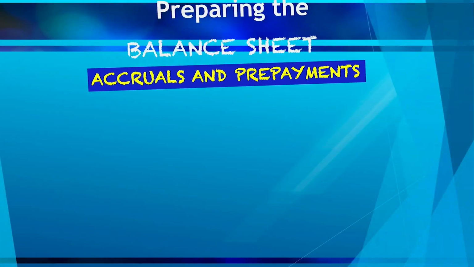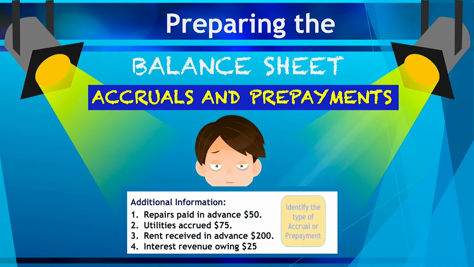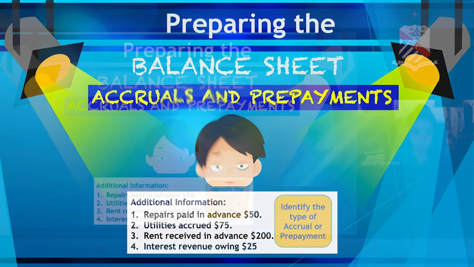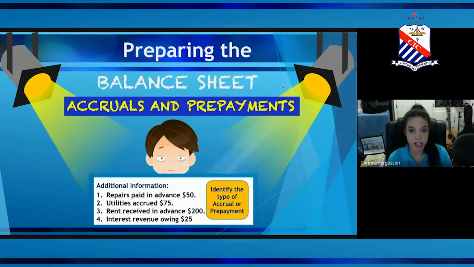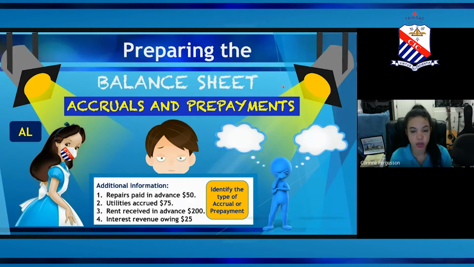And then if they ask you to do a balance sheet right after, the notes will tell you once again the accruals and prepayments. But instead of looking at what we have to add for accruals and what we have to less for prepayments, all you would have to do for the balance sheet is determine, based on what you identify as your adjusting entry, your accrual or prepayment.